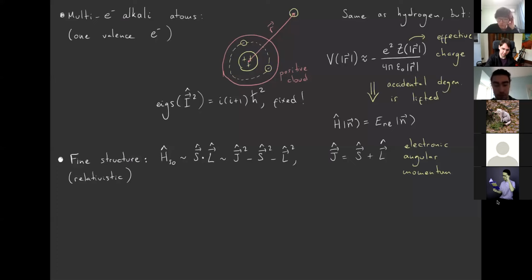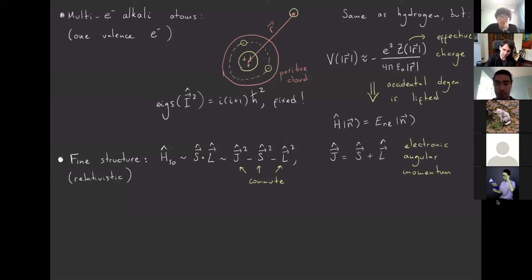Now, the only thing that you need in order to find the new good quantum numbers, because now the quantum numbers associated to S and L will no longer be good quantum numbers because of this argument here, because now you can write S·L as J squared minus S squared minus L squared. And the most important thing is that all these three operators commute. Okay? Then this automatically means that you can use the quantum number associated to the total electronic angular momentum as a good quantum number, and you still keep the good quantum numbers of S squared and L squared, okay?